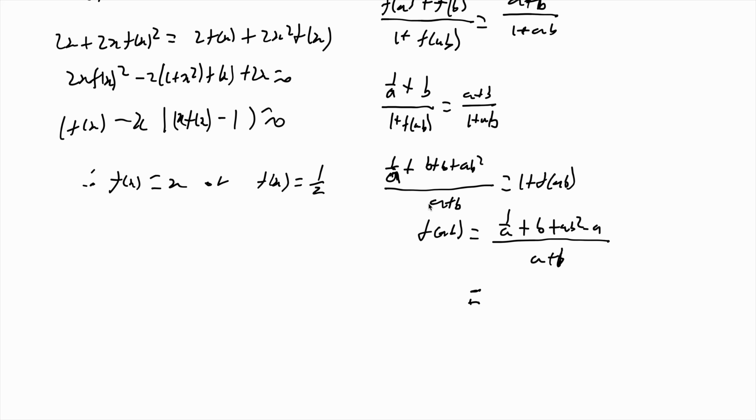How about we try, because I remember it was in some kind of vector form. This 1 over a is really disturbing, so let's multiply both sides by ab.